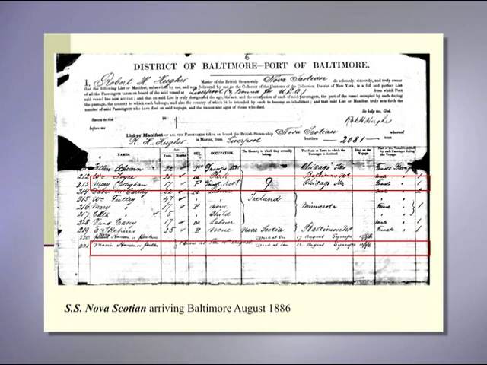And this is 1886, the Nova Scotian arriving in Baltimore. And this is a longer manifest. This is actually page 6 of a 6-page manifest. So you can see with these numbers down here, there were 221 passengers.